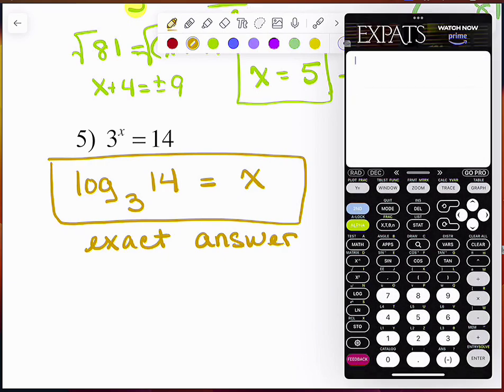If you have a modern calculator, you can go into the math menu and find log base, and it will let you type it in exactly what it looks like. So log base 3 of 14. So you go math, and you find the one that says log base, and you can type in.